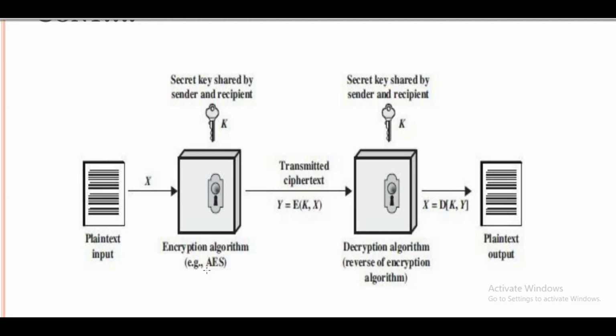Then our text becomes ciphertext from plain text, right? At the receiver side, once our ciphertext is received, we need to convert that text into readable form. So over here we apply the reverse of the encryption algorithm, and we convert our text into a readable form.